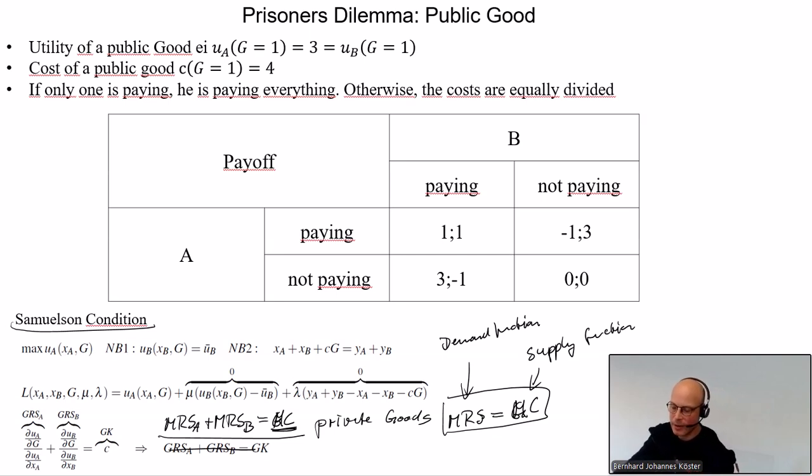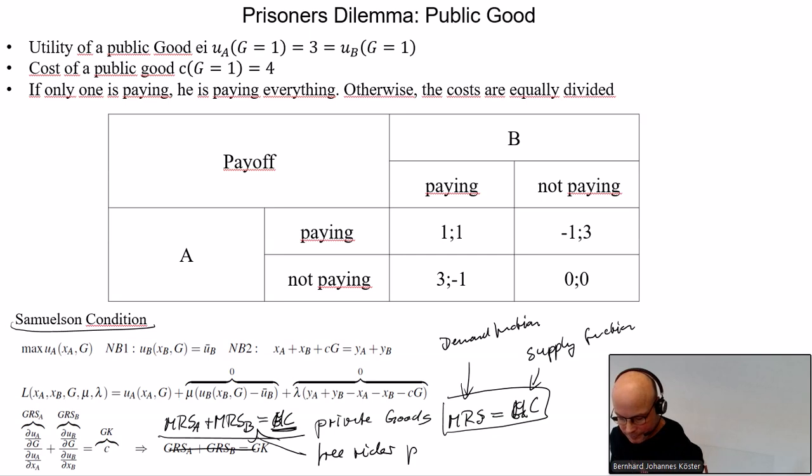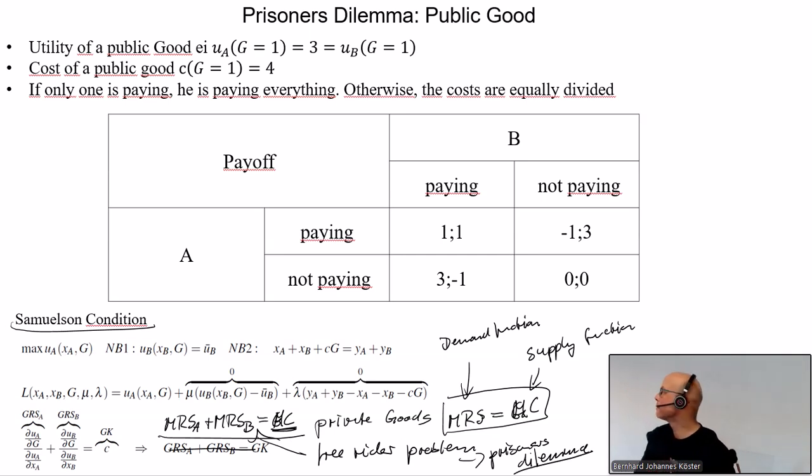And then you have the so-called free rider problem. And this is also a prisoner's dilemma. And maybe this is what we have in Germany, because over the last 15 years, we have not invested in our public goods.